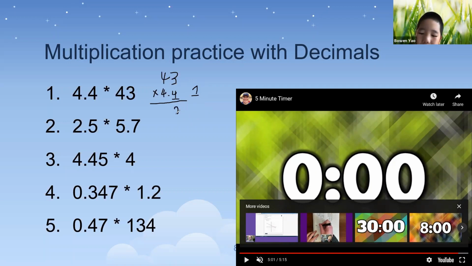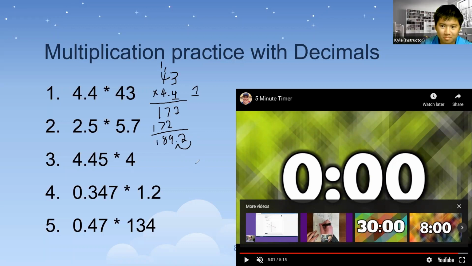This is 1,892, and then I go from the back and add in one decimal spot in front of the 2, so it becomes 189.2. Yeah, cool. Does everyone understand that? That was a pretty good explanation, Bowen. Nice work. Now let's see the second one.